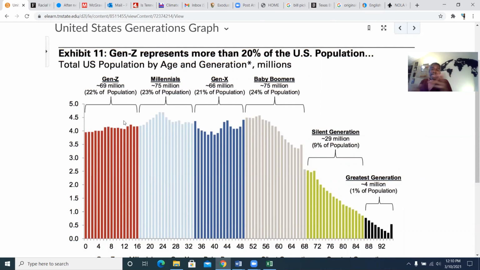So why do we study these generations? Well, a lot of businesses, people who are involved in sales, study demographics, especially generational demographics, a lot. For one thing that you might find of interest is that the baby boomers still hold 70% of the wealth in this country.